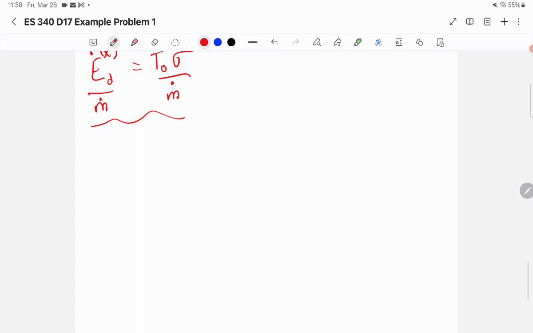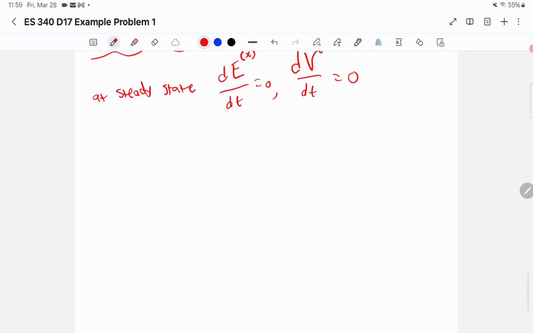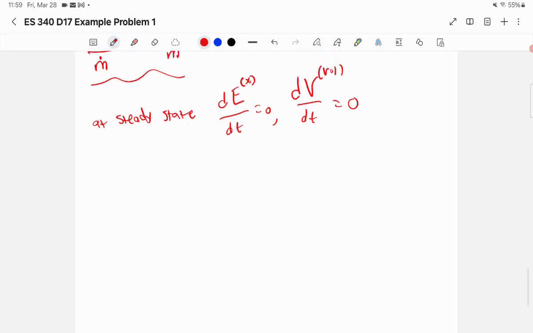So what we can do though is go to the exergy balance, and remember at steady state for the exergy balance, we're going to have dE to the x dt is equal to 0. And we also know that dV, where this is volume now, dt is equal to 0. So those terms will drop out of the exergy balance equation. So I'm not going to bother writing them.